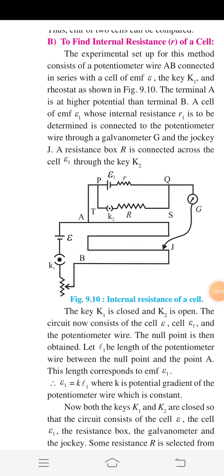Hi students, in the last video we studied the uses of potentiometers. The first use is to compare the EMF of two cells using the individual cell method and the sum and difference method.